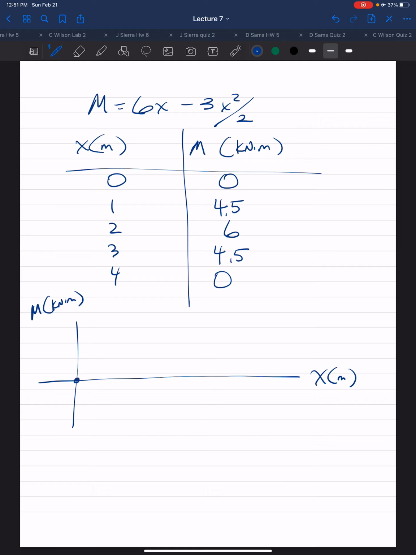The ends, this is your origin, and you have a high of 6. So your maximum bending moment is at x equals 2, m is 6 kilonewton meters.